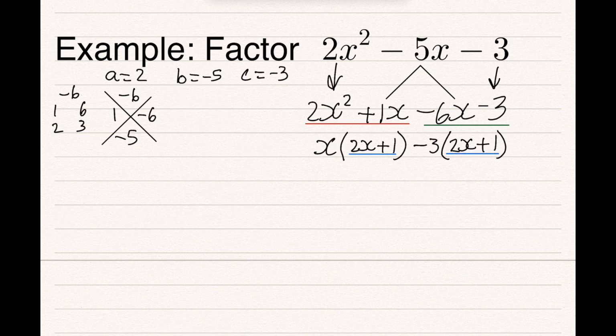So when you're factoring using the ACB method, we anticipate that those will be the same. So that was our hoped for result. So we'll pull 2x plus 1 out, and we say, what are we left with? If I'm getting rid of this, and I'm getting rid of this, I'm left with x minus 3.